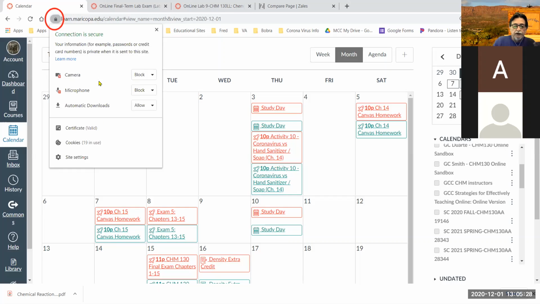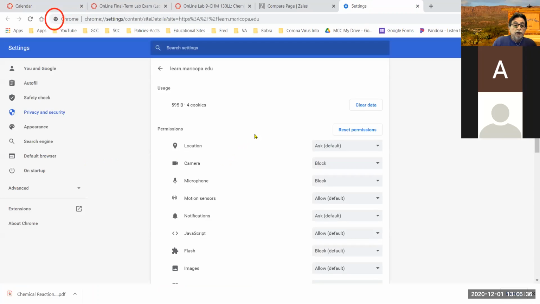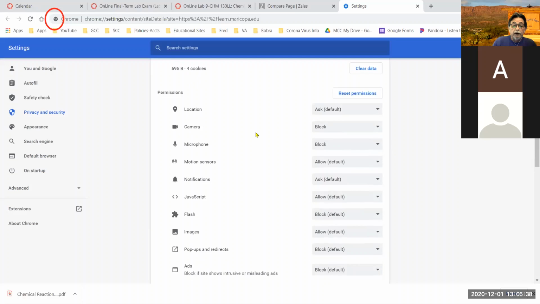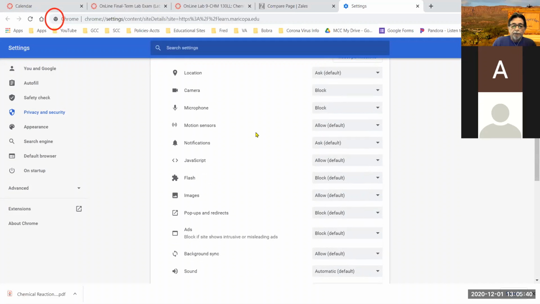But if you don't see anything about Flash immediately, click site settings, which will send you to another page, and look for Flash. You see Flash right here? Right now at this site, it is blocked, but you can easily unblock it.